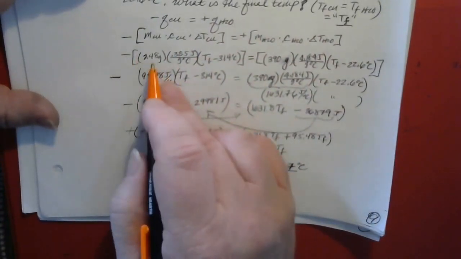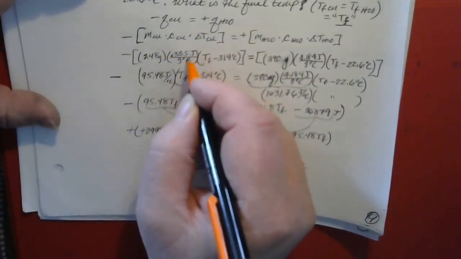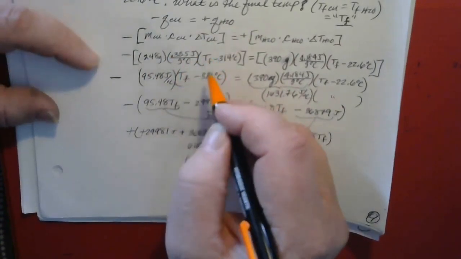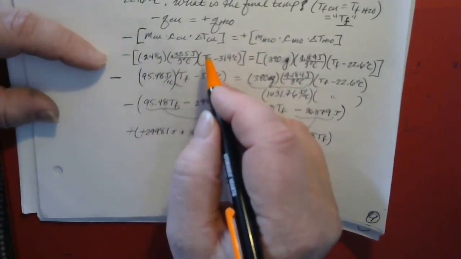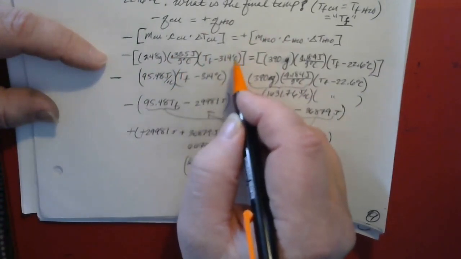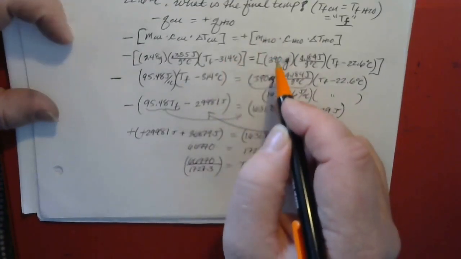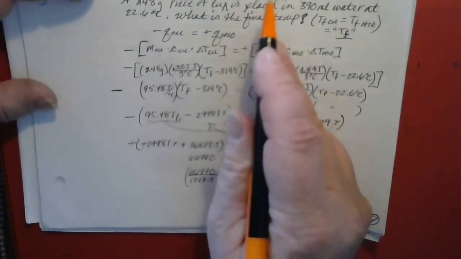So negative 248 grams times 0.385 joules per gram degree Celsius times delta T for copper is going to be TF, the final temperature, minus the initial temperature, which is 314. And that's going to be equal to the mass of the water, which is 390 because it's 390 milliliters.